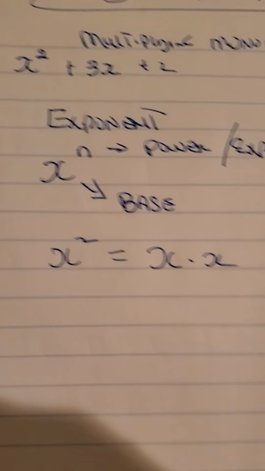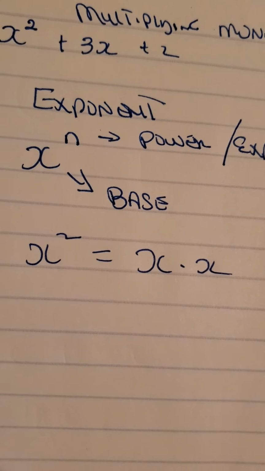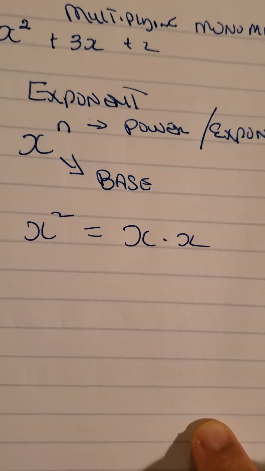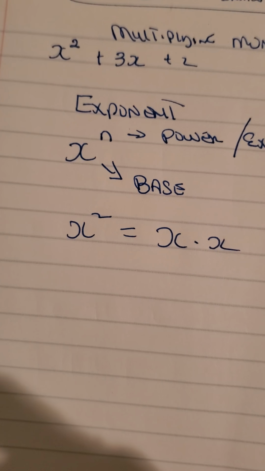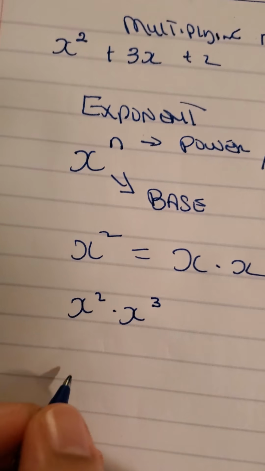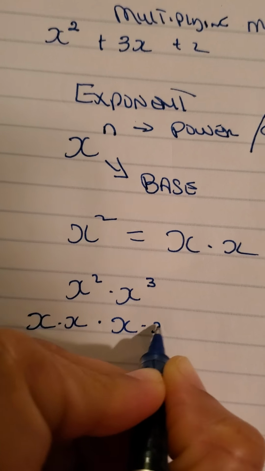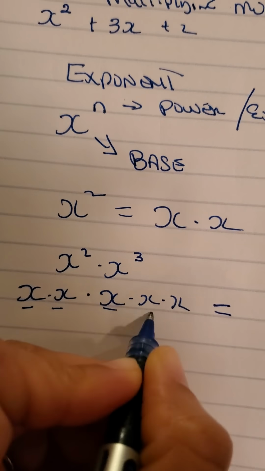Also, when I talk about my rules of exponents, I mentioned when in doubt, expand. You remember we did that early in the course when we were expanding variables and expanding whole numbers? Well, here is where that concept can apply or connect. So x squared times x cubed, if we expand it, is 2 factors of x and 3 factors of x, which gives you 5 factors of x, right?